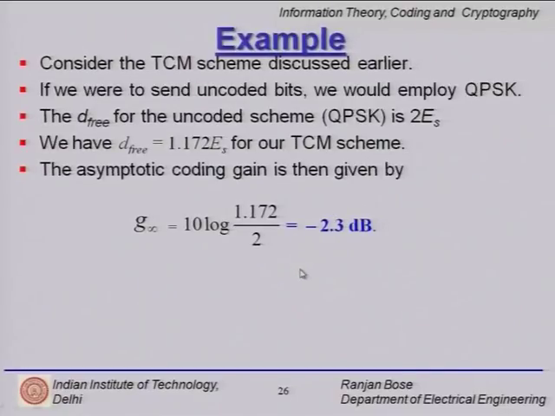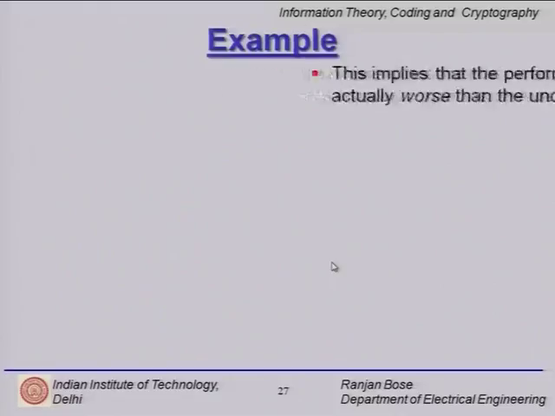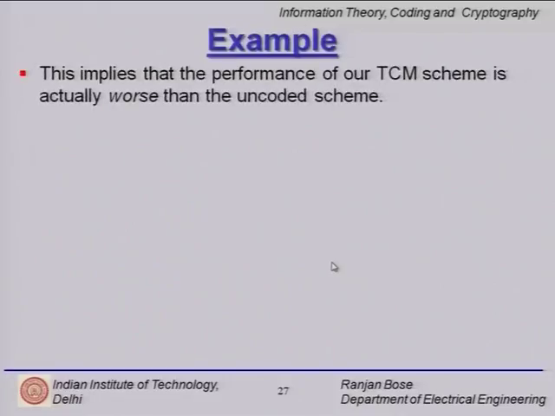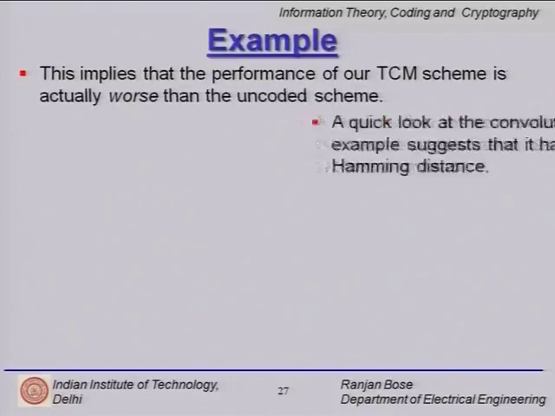The gain provided by the convolution encoder did not more than compensate for the loss because of the movement to 8 PSK. So, we did not win the game, we can do better, and that is what we have to look at. Our performance is actually worse than the uncoded scheme.